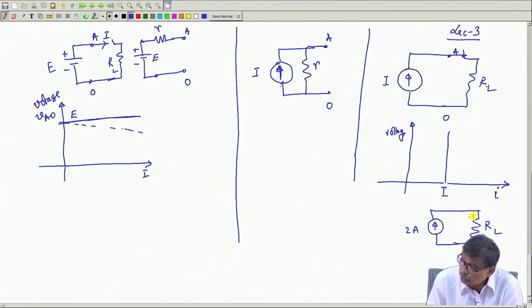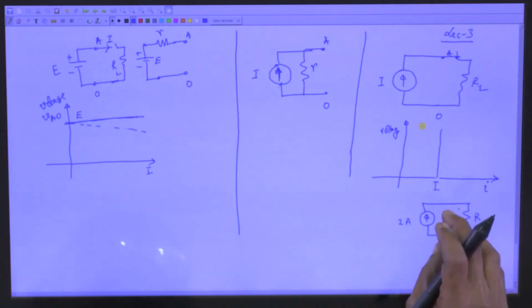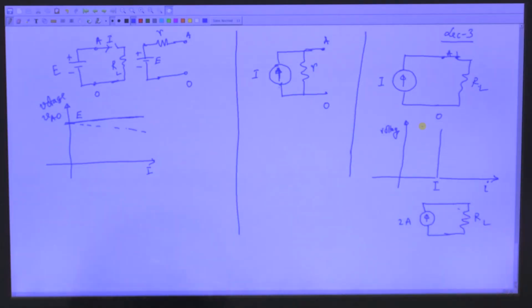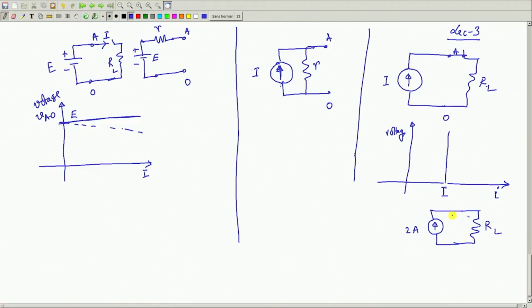If you connect 4 ohm, RL is equal to 4 ohm, voltage across it will be 8 volt. That is why voltage can be anything. Of course, anything means it should not disturb the insulation level of RL, so that it will be destroyed, but there must be some RL connected here, and voltage can be anything.